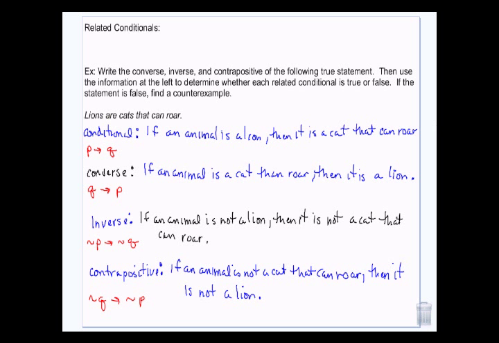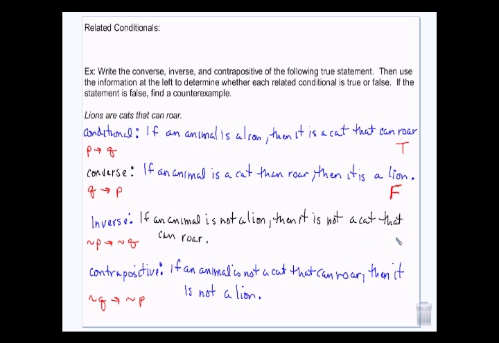Okay? And we can look at the truth of these. If an animal is a lion, then it is a cat that can roar. True? Okay. If it's a cat that can roar, then it's a lion? No, because it could be some other roaring cat. If it's not a lion, then it's not a cat that can roar? Well, it might not be a lion, but it could still be a cat that can roar, right?